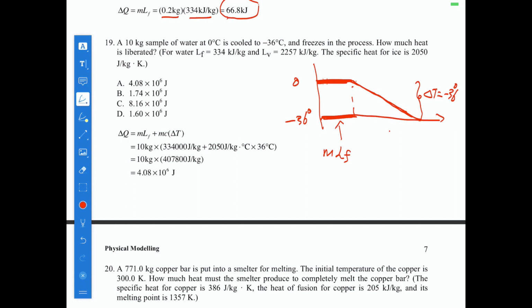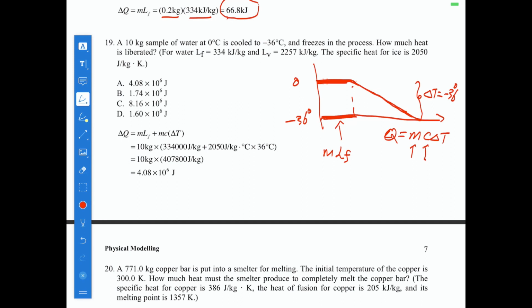The Q in this part is M C delta T, where C is the specific heat of ice, because it has already turned into ice.